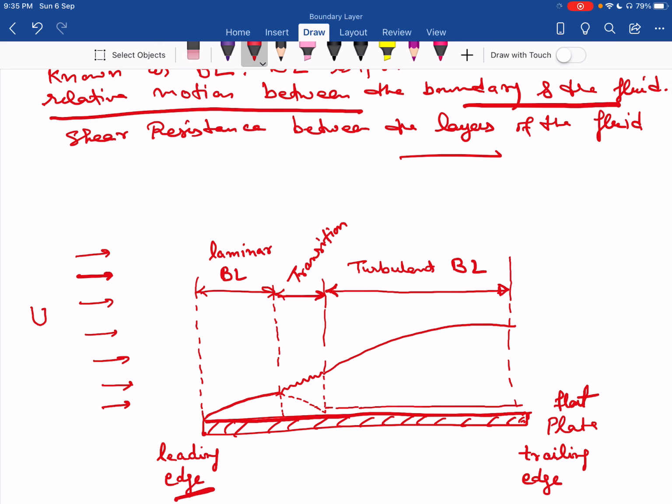Above this plate, the liquid is flowing with the uniform velocity U. Adjacent to the plate, there is a formation of one layer that we call the boundary layer.